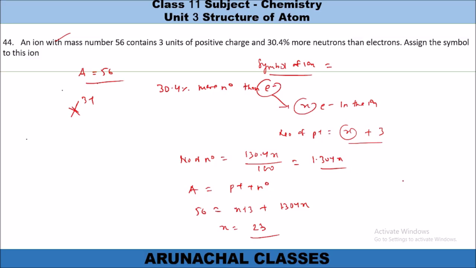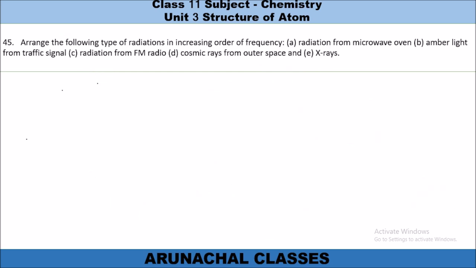So for the neutral atom, it will be x plus 3, that is 23 plus 3, which is 26. So it is iron, 26, 56, with charge 3 positive. This is the symbolic representation for the ion in this case. Going for question number 45.